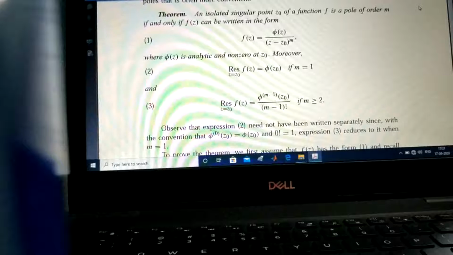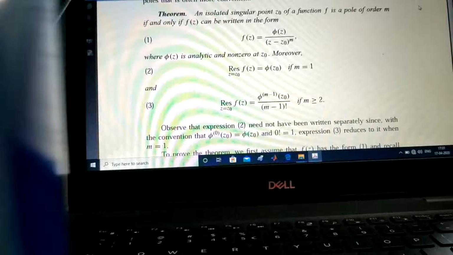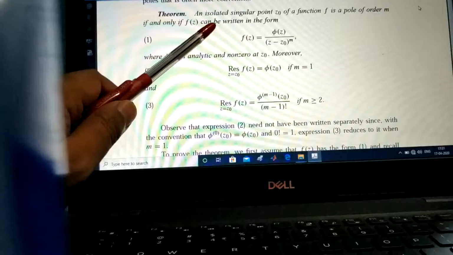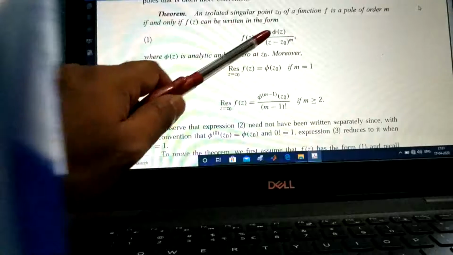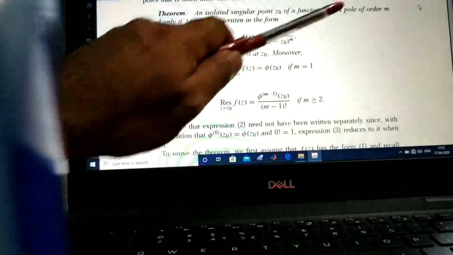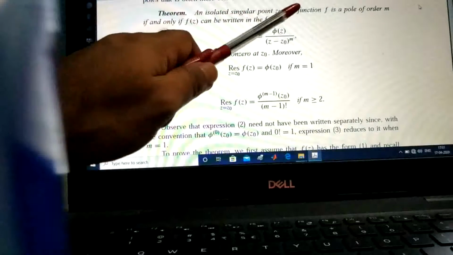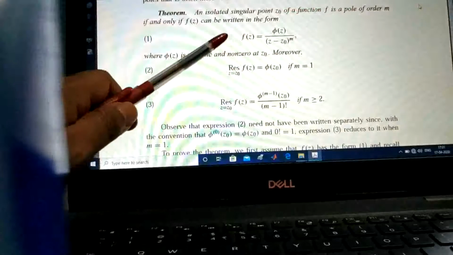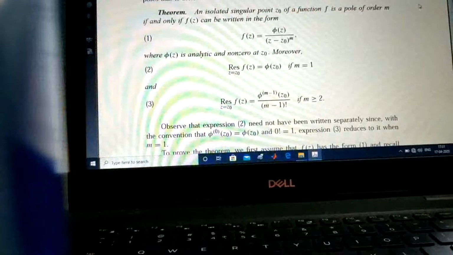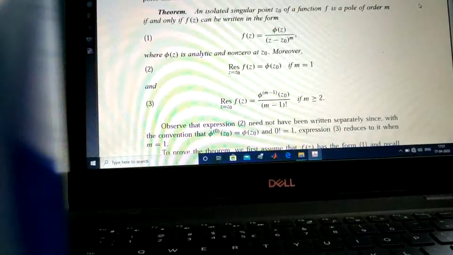If the isolated singularity z0 is represented as phi of z by z minus z0 whole to the power m, then power m represents a pole of order m, and conversely, if it is a pole of order m, then it can be represented in this structure, phi of z by z minus z0 whole to the power m, m being the order of the pole.